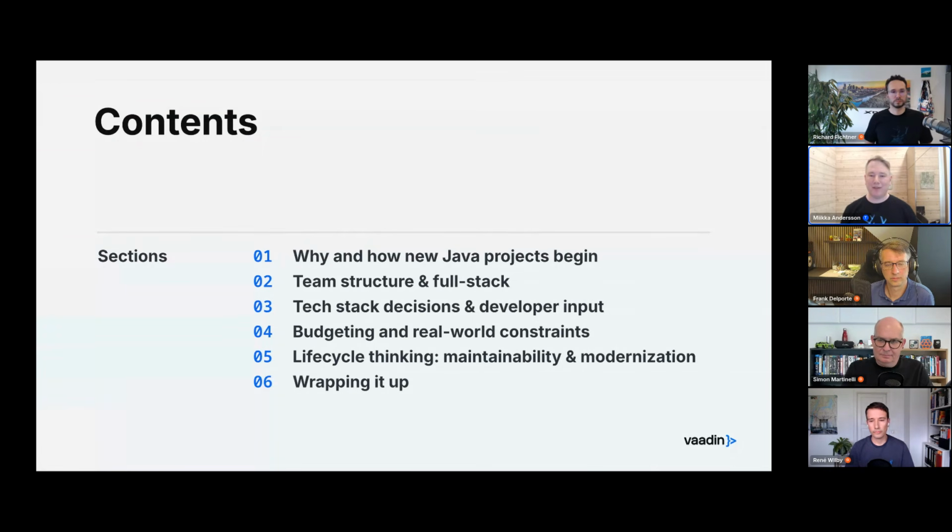We'll touch base on the team structure, what we heard from the report, and what we have learned throughout the career of all of us all together. And then we'll talk about technological decisions. How do you choose your stack, and what kind of factors influence those decisions? A few words about the budgeting and the driving factors behind budgets, what typically impacts the budget most in projects.